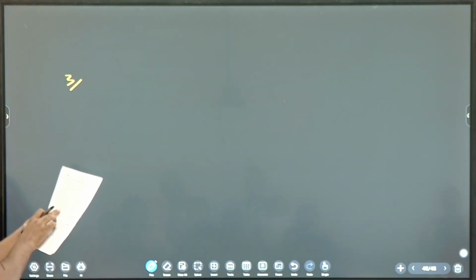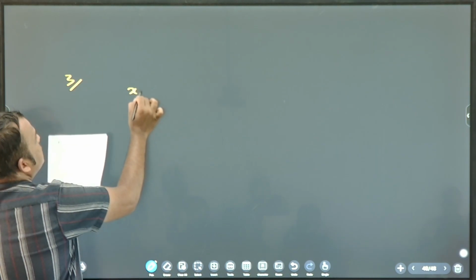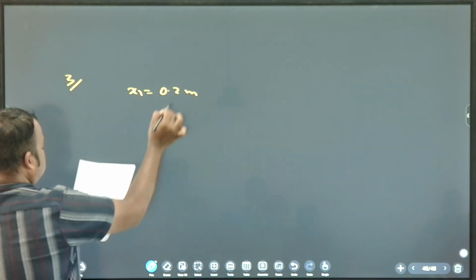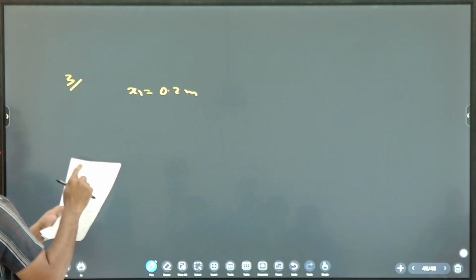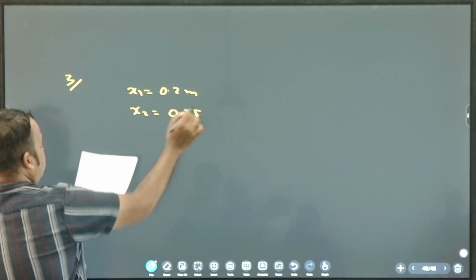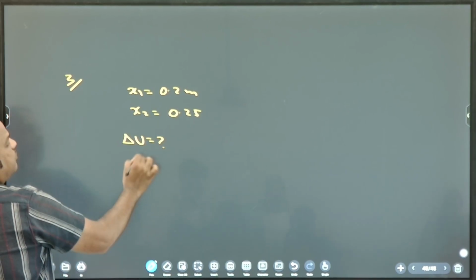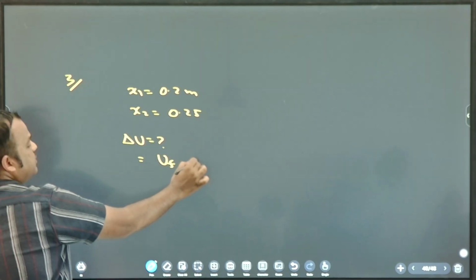A spring of force constant 10 Newton per meter has an initial stretch of 0.2 meter. In changing the stretch to 0.25, meaning the final stretch is 0.25, we have to find the increase in potential energy, delta U. The formula for delta U is U final minus U initial.